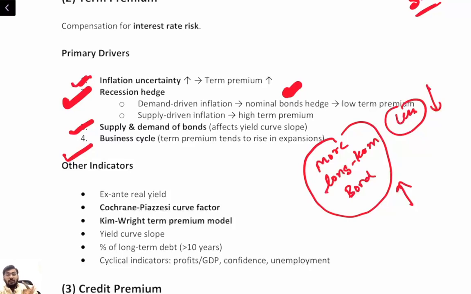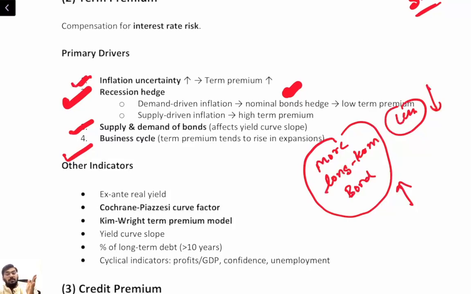During recession, economic activities are weak. Investors buy long-term bonds for safety and hence the term premium is low, because over there I am willing to take the bonds even if I'm getting 3%, because at least I'm getting 3% from the bonds, but from real estate and the economy I'm not getting it.